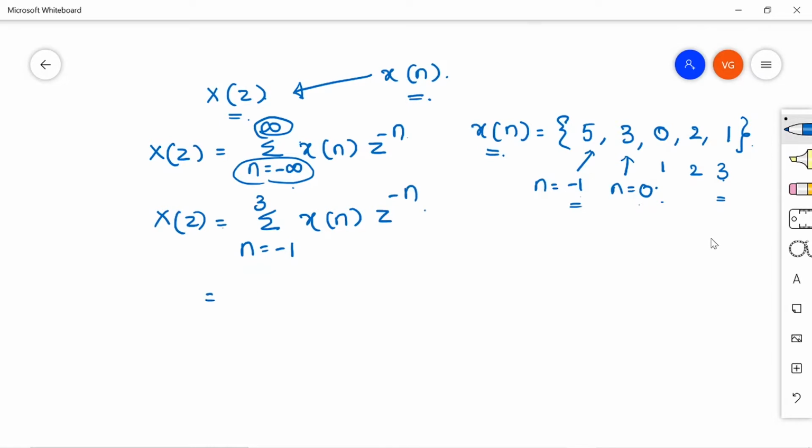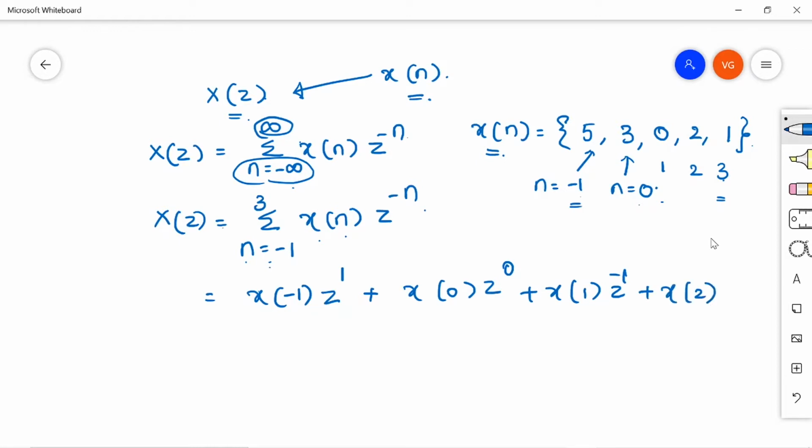Expanding the summation, it will be x of minus 1, z power minus of minus 1, plus x of 0, z power 0, plus x of 1, z power minus 1, plus x of 2, z power minus 2, plus x of 3, z power minus 3. This is how we can find the Z transform of any given x of n.